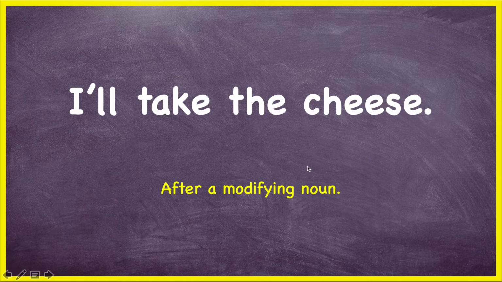They know you're talking about pizza, so you only need the modifying noun. You don't need to say, I'll take the cheese pizza. Now, there's nothing wrong with saying, I'll take the cheese pizza, but it's unnecessary. Right? It just saves you a word. All right? I'll take the cheese, please.